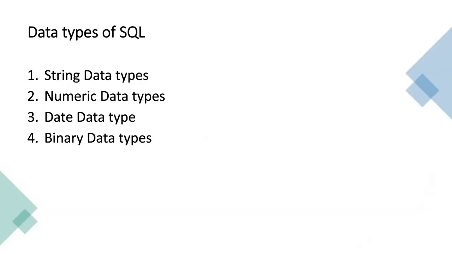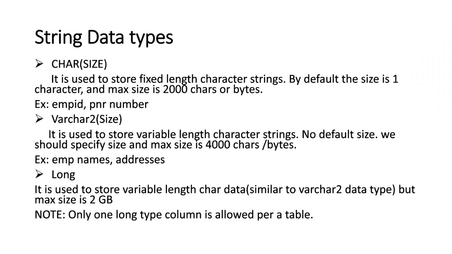Coming to the data types of SQL, there are different types: string data types, numeric data types, date data types, and binary data types. Coming to the string data types, we use CHAR, VARCHAR2, and LONG. CHAR is used to store a fixed length of characters.